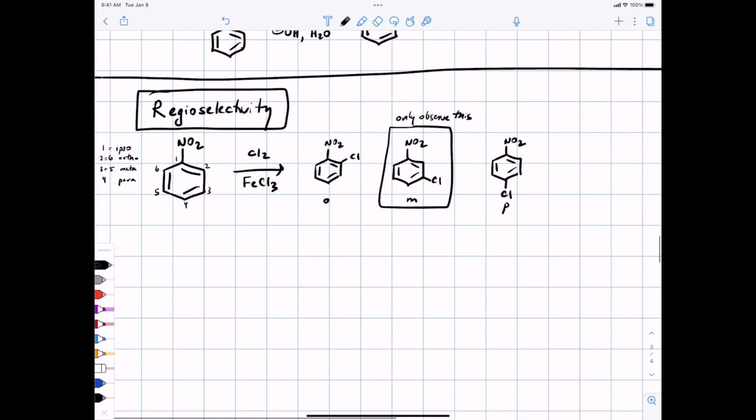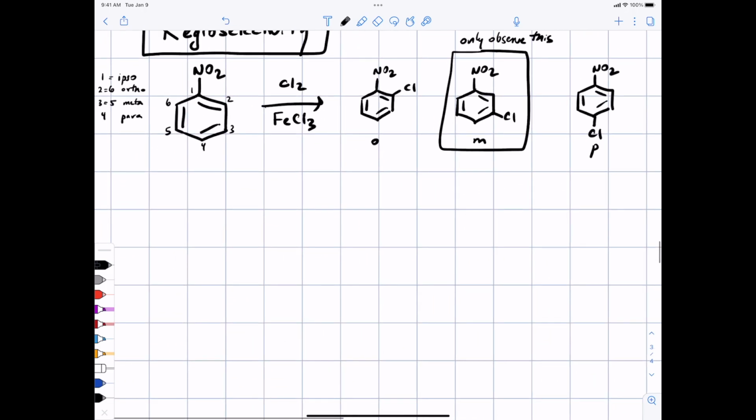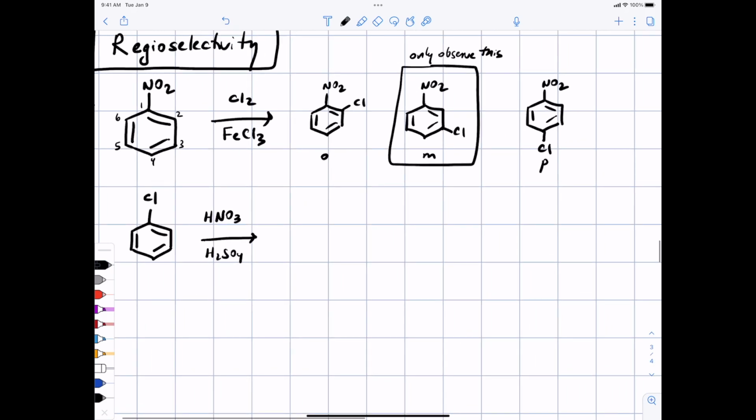In contrast, if we were to instead start with the chloro group and do the nitration reaction subsequently, our options are still the same three molecules.